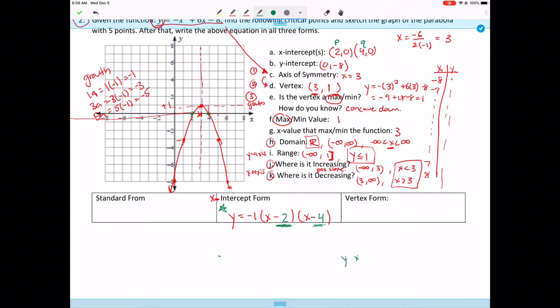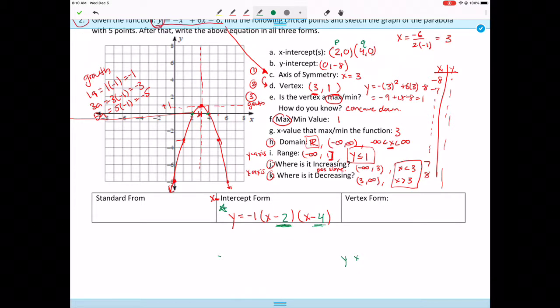All right, and like I said, once you have this all done, you are welcome to plug this into your calculator and check your answer using your graphing calculator, okay? But if you use your graphing calculator to find all this information, I will know, and you will not get points, okay? So, calculator is for checking, not for finding your answers.